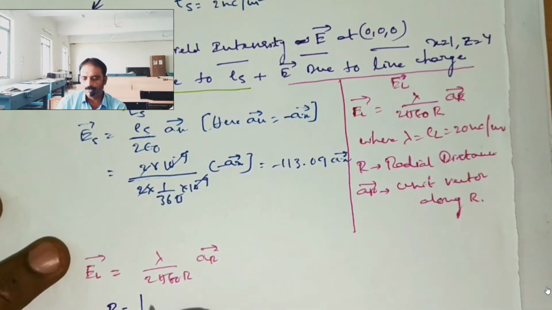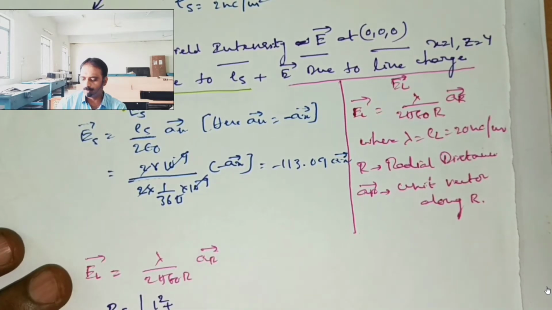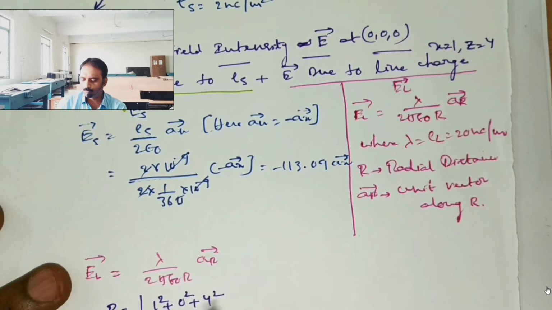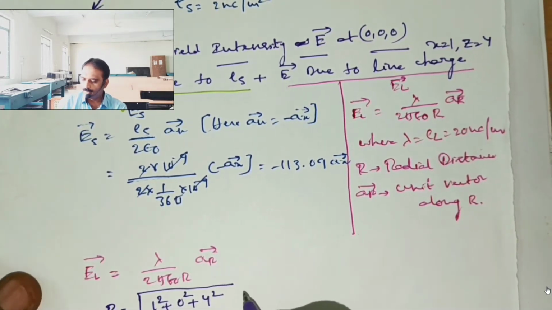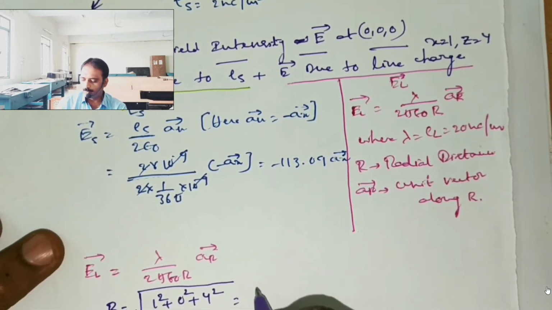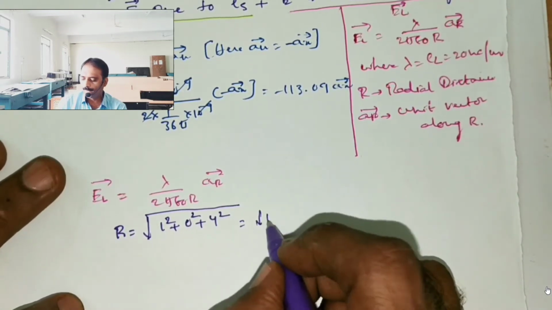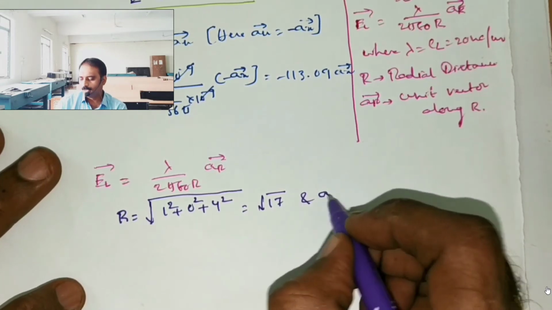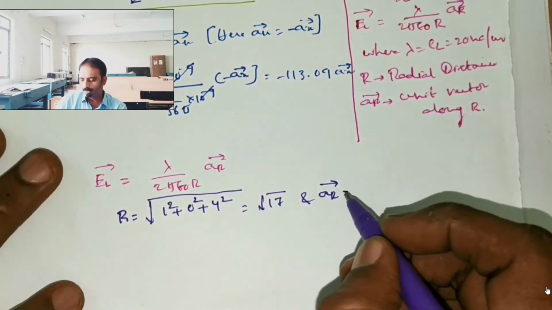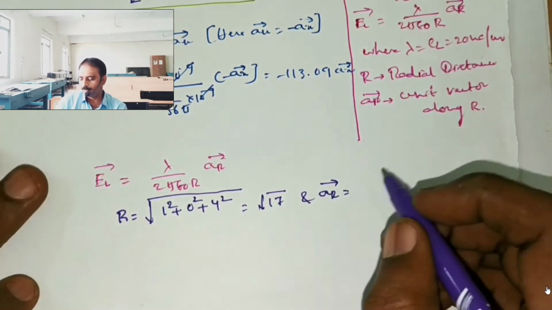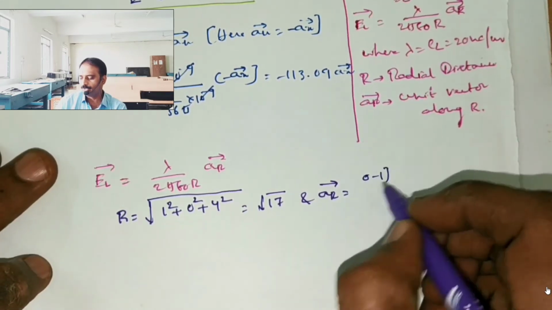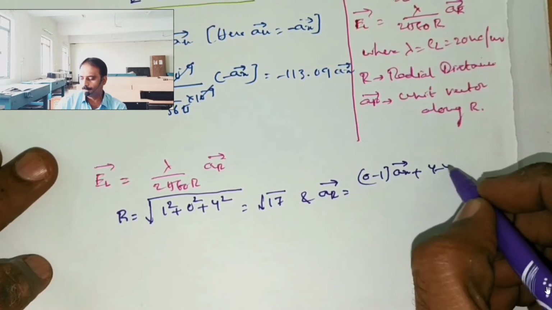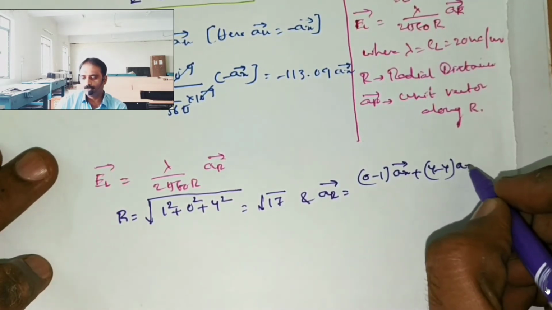Hence the magnitude of R is equal to the square root of 1 square plus 0 square plus 4 square, which is equal to the square root of 17. And similarly, a_R bar, the unit vector, is equal to, so we need to find out at the origin. So 0 minus 1 into a_x bar plus y minus y, that is 0 into a_y bar, plus 0 minus 4 into a_z bar.